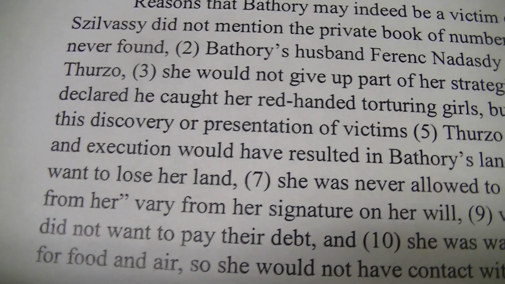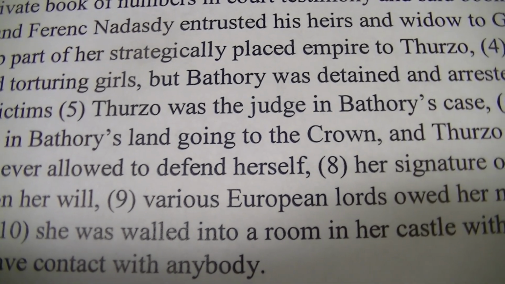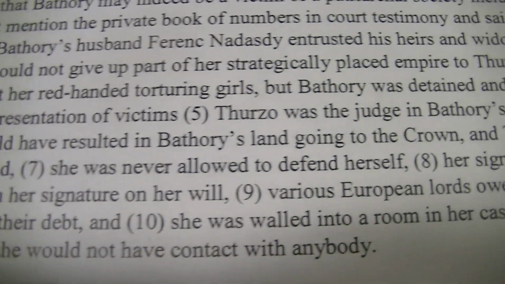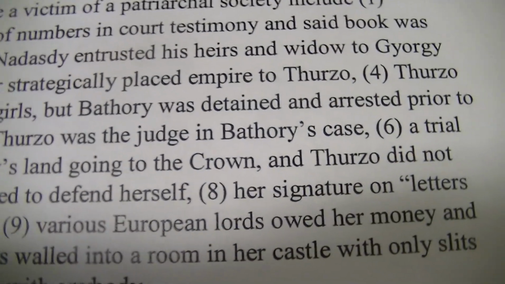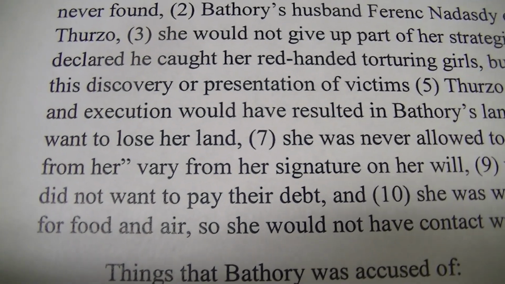So that's kind of odd, huh? (5) Thurzo was the judge in Bathory's case. Isn't that convenient? (6) A trial and execution would have resulted in Bathory's land going to the crown, and Thurzo did not want to lose her land.